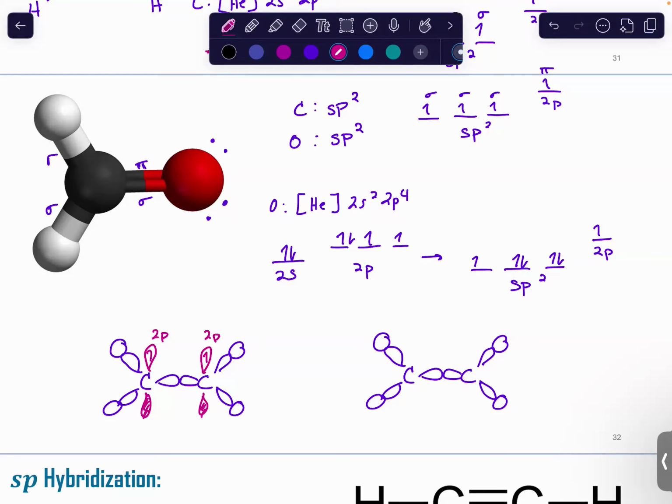So then what you get is these p orbitals reach across and they form this structure around the central sigma bond. So this one goes above and below the molecule. If I had a second pi bond, it would go in and out. So essentially these pi bonds are going to form a little cage around the molecule.